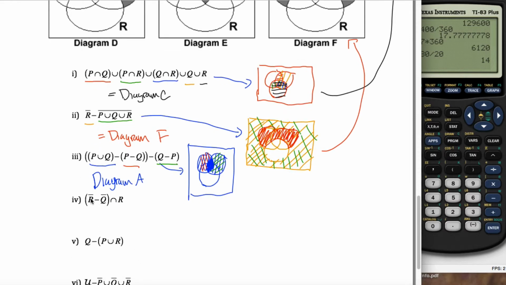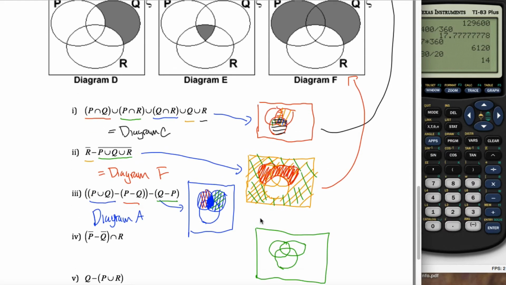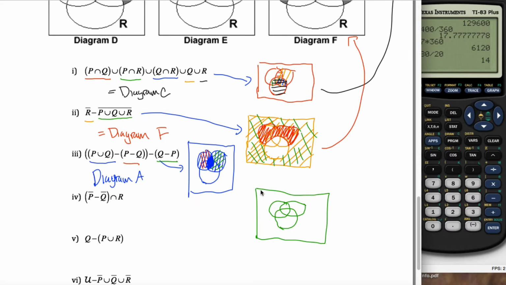Let's see. P complement, take away Q complement. That one's a little bit tricky. Let's take a look at the picture. P is this circle right here, so P complement would be everything except for that circle.